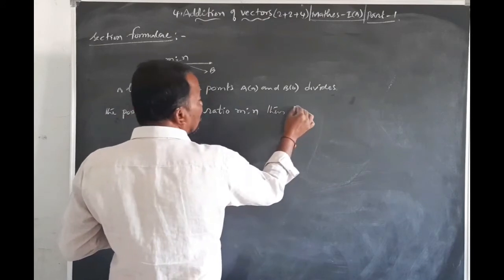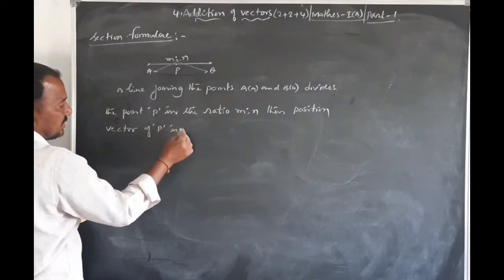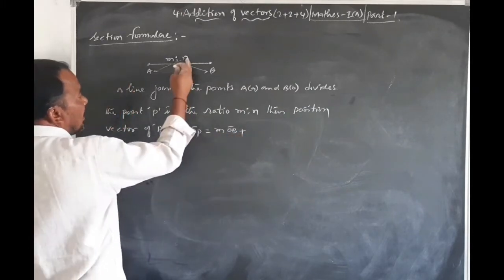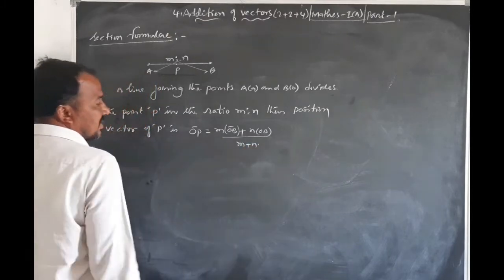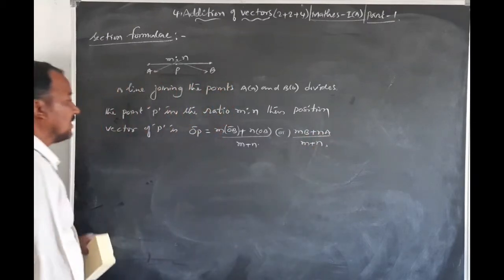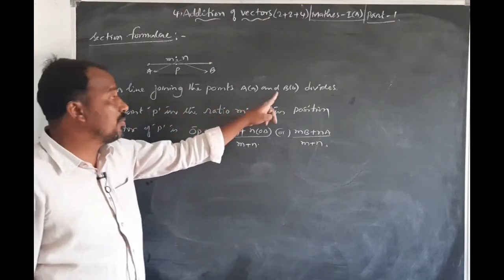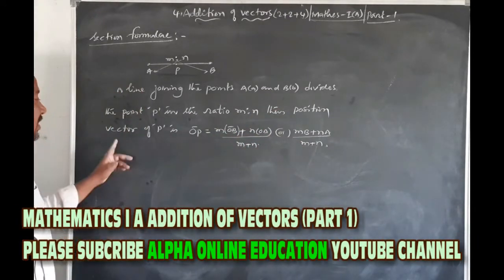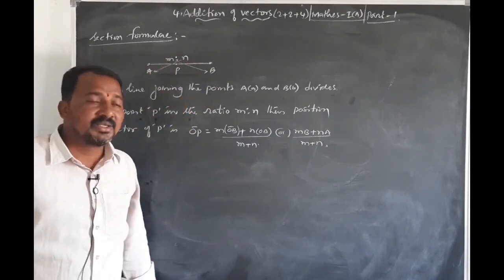Then the position vector of P is OP equals m into OB plus n into OA by m plus n, or mb plus na by m plus n. It is called the section formula.